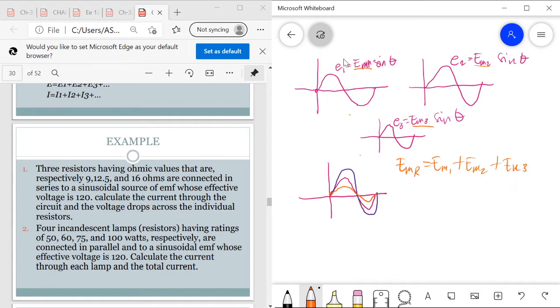Or kung gusto mong kunin yung values ng E resultant, add the values here. Pag nasolve mo na yan, may masasolve kang E1, E2, and E3. So the resultant will be E1 plus E2 plus E3. So, ganyan lang yan.